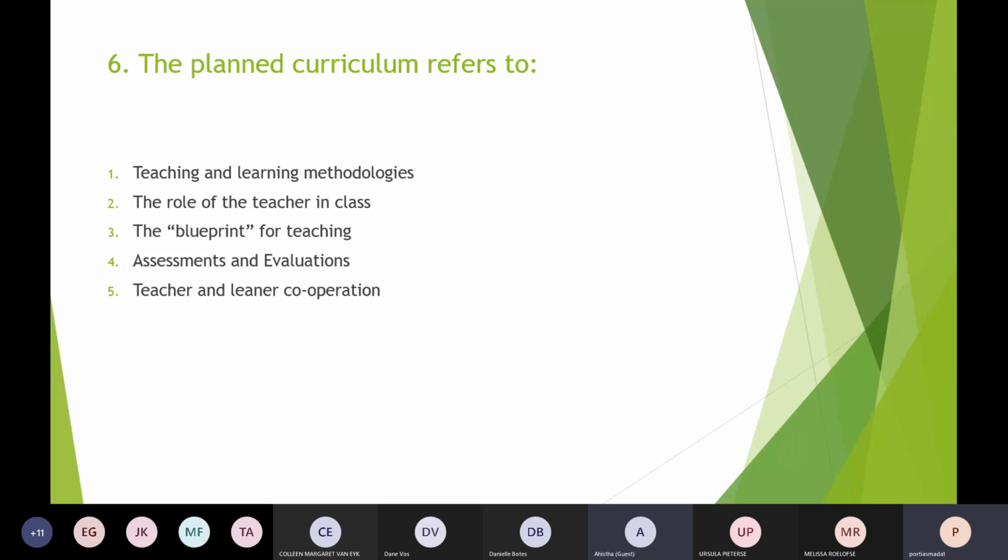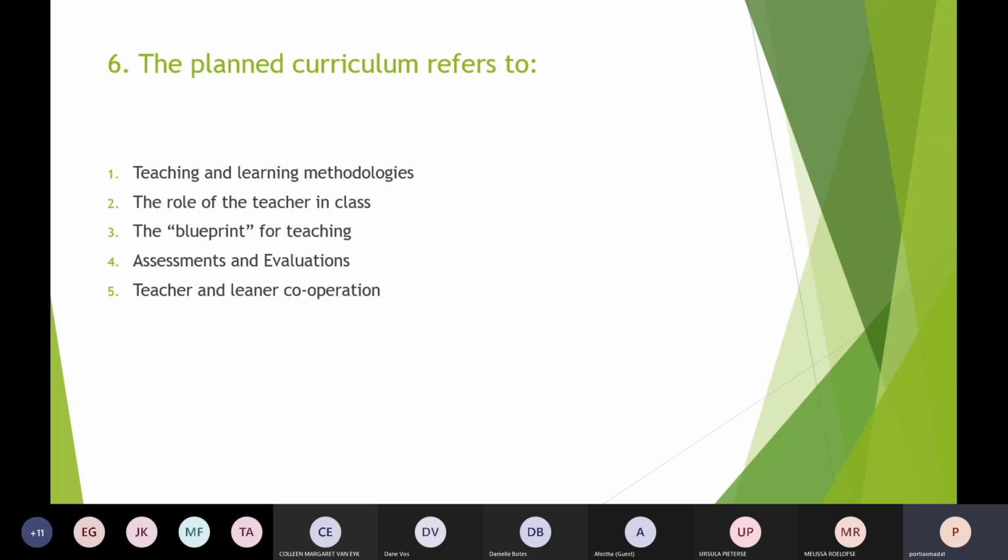Hi. I think we can rule out number 2 and number 5, but the other 3 are pretty similar, so it's a bit tricky. Like the blueprint makes sense because it's what you need to follow, and the other 2 are also options. I'm just putting in my 2 cents. All right, thank you for that.